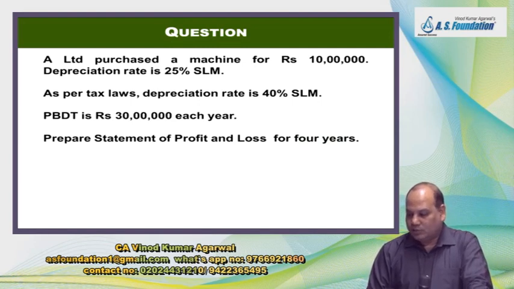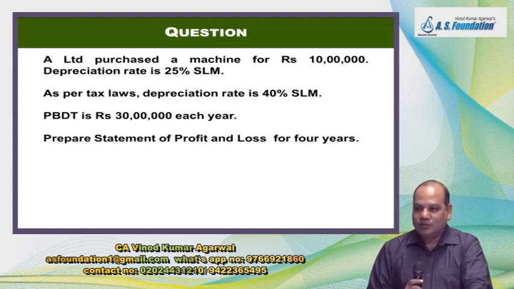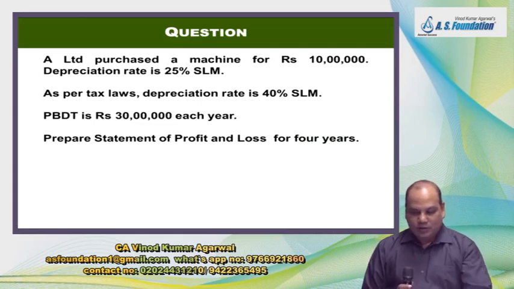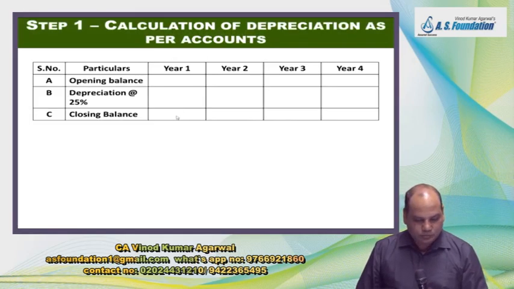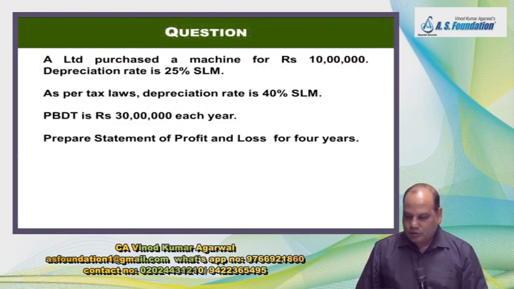Now for preparing SOPL, I require the following numbers. I require PBDT, given. I require depreciation as per books of account, which I can calculate easily. And then I require the tax consequence, so I have to compute current tax and deferred tax.